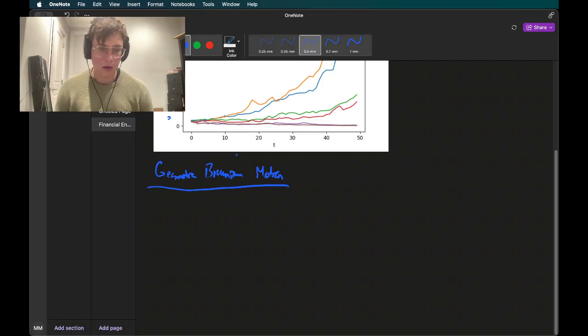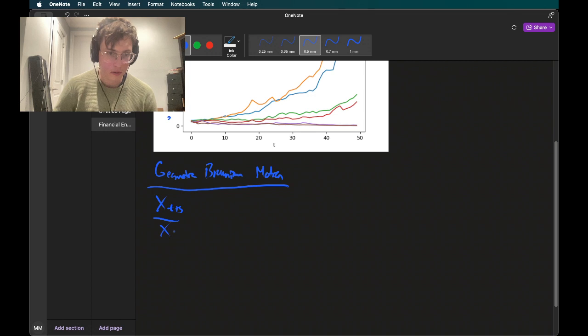Everything that happened before, its current price, none of that matters. So this value X_{t+s} over X_t should be independent of anything before time t.